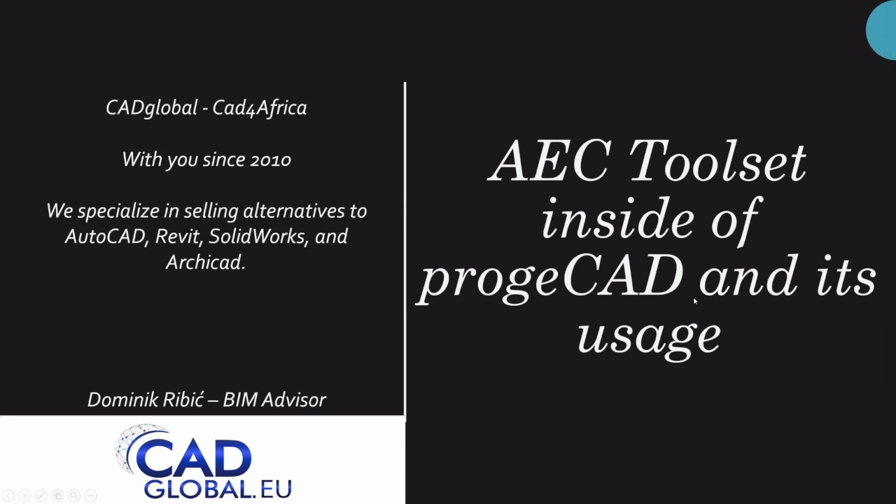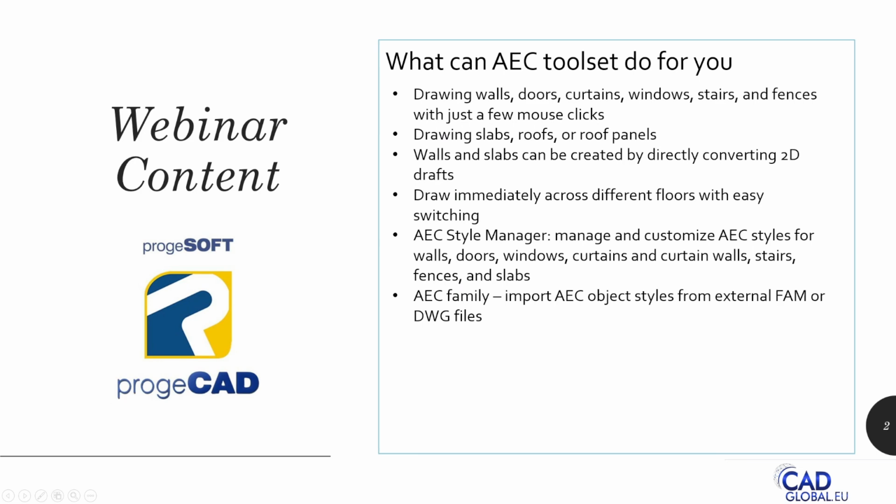So let's get started with what the AEC tool actually is. The AEC tool is a tool that you get in progeCAD for free. It is designed to simplify the modeling process of building elements such as walls, doors, windows, stairs, and fences. Its main advantage is the automation and the acceleration of drafting complex objects.